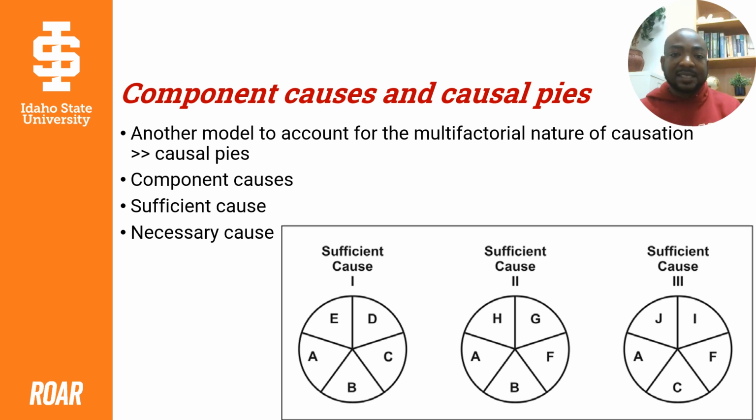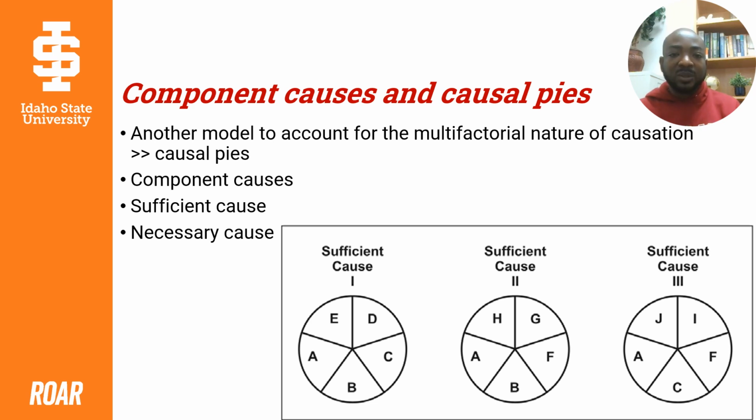For example, lung cancer may result from a sufficient cause that includes smoking as a component cause. Smoking is not a sufficient cause by itself, however, because not all smokers eventually develop lung cancer. Neither is smoking a necessary cause, because a small fraction of lung cancer victims have never smoked.